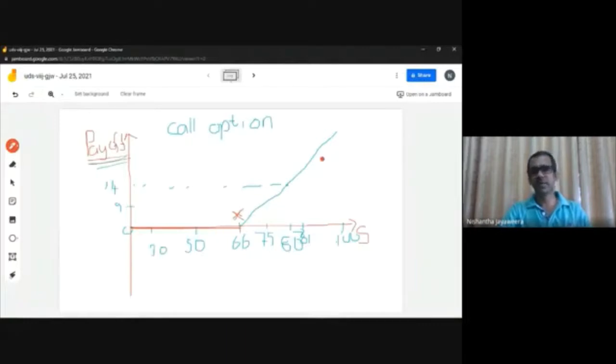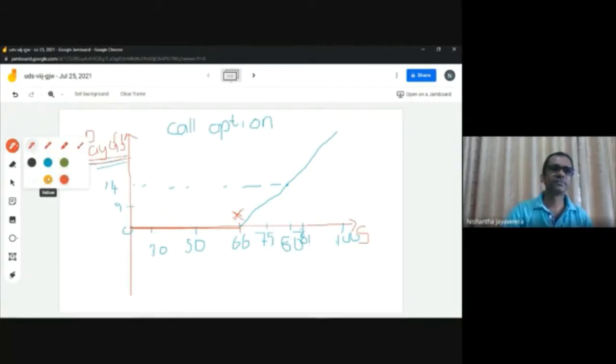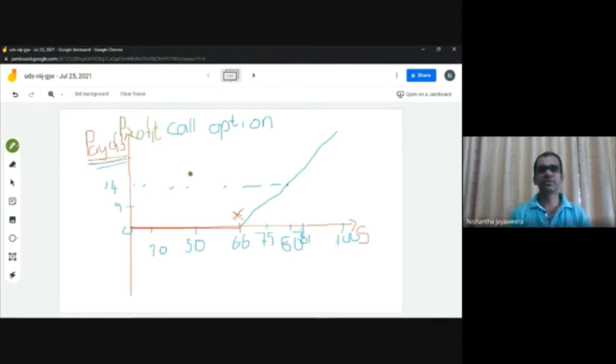So this is the payoff, but what is the profit or loss? Your profit or loss depends not only on the payoff but also on the cash premium that you paid. In this area, though you don't get anything, you have already paid the premium.